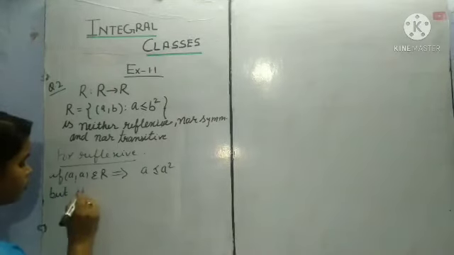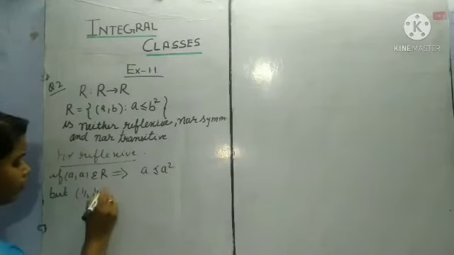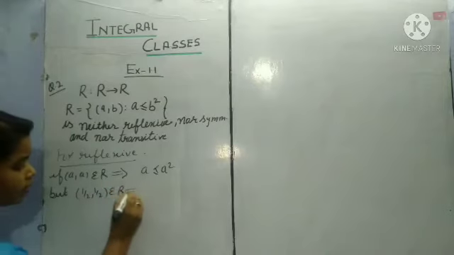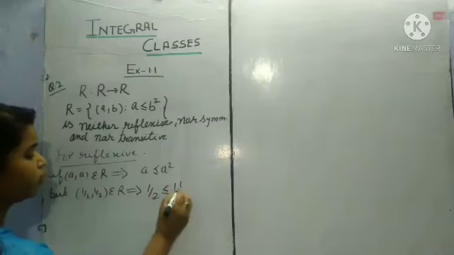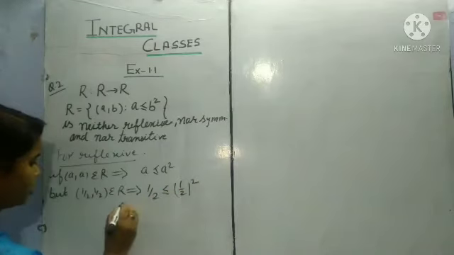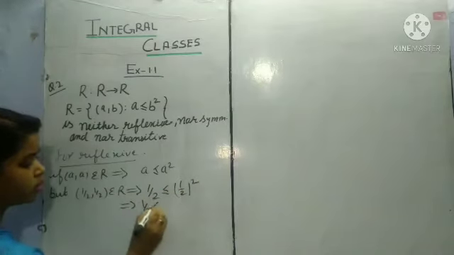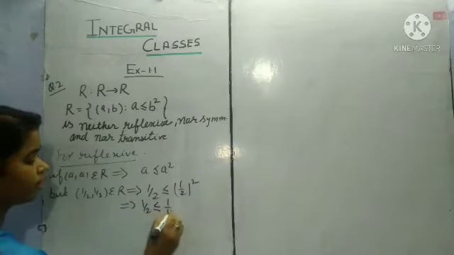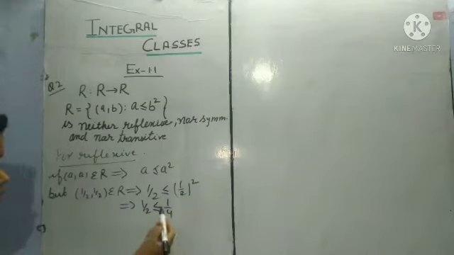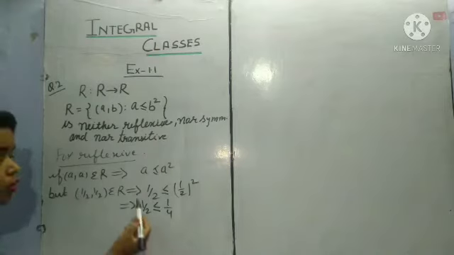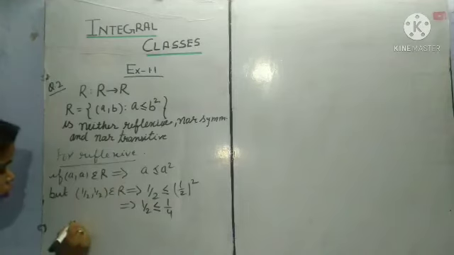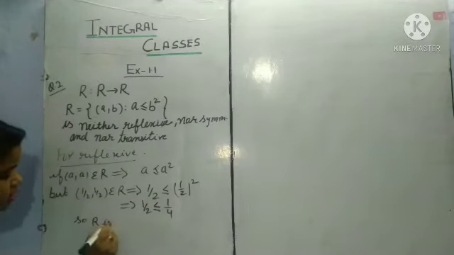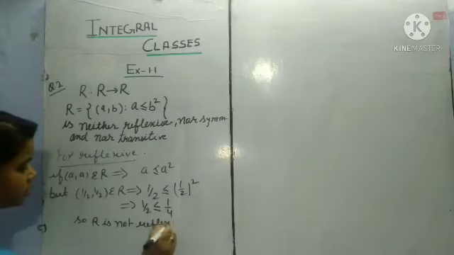So 1 by 2 belongs to R, then it implies that 1 by 2 is less than or equal to (1 by 2) whole square. It means 1 by 2 is less than or equal to 1 by 4. So student, we know that 1 by 4 is less than 1 by 2. So it is not reflexive. So R is not reflexive.